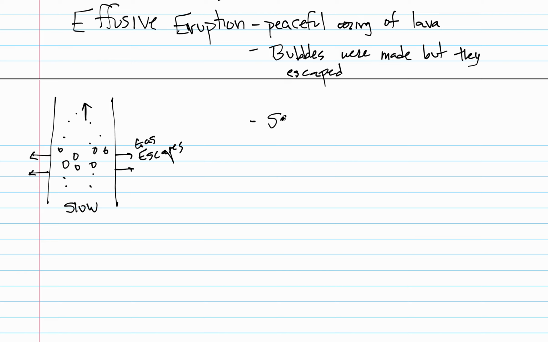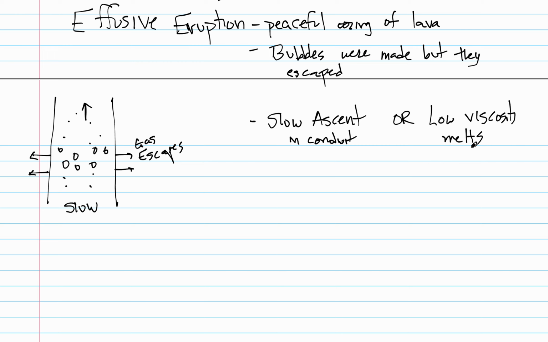So here's our two conditions for effusive eruptions. They are either slow ascent in the conduit, or they are low viscosity melts. And the reason why both of these work is if you're slow ascent, then the bubbles have time to escape.